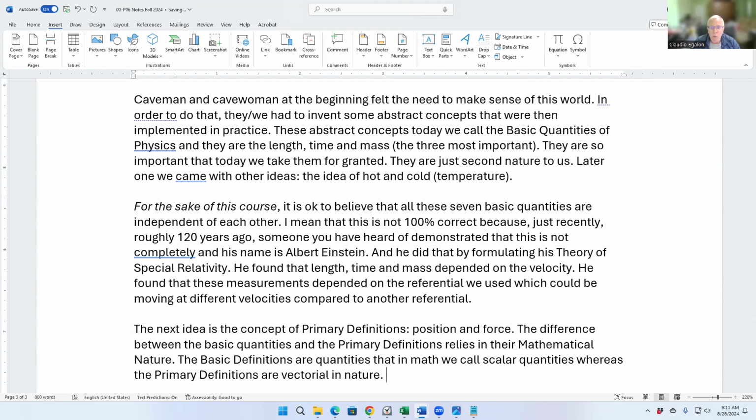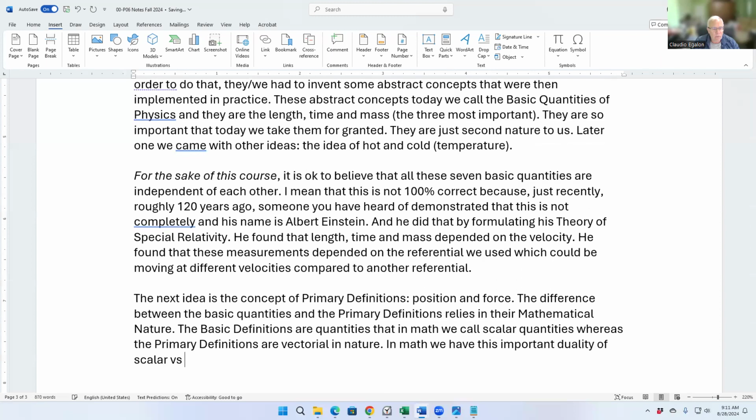So we have this important duality in mathematics, in math. We have this important duality of scalar versus vectorial quantities. And we are going to study those vectorial quantities in more detail.